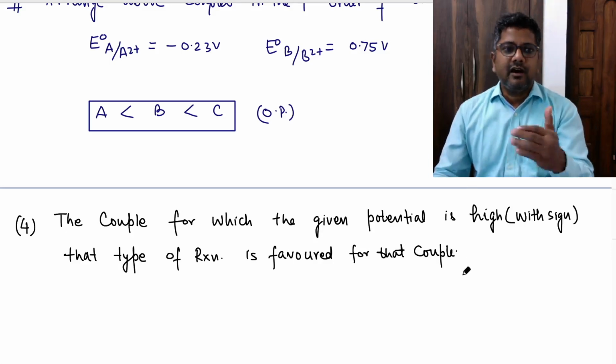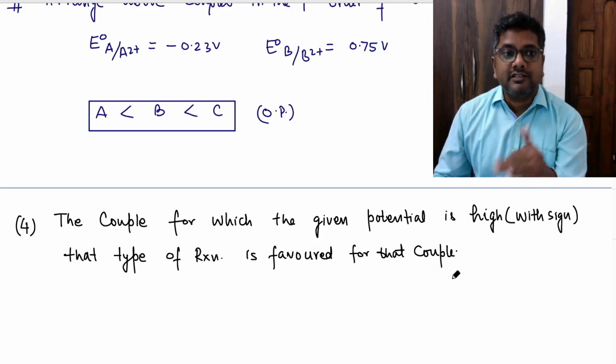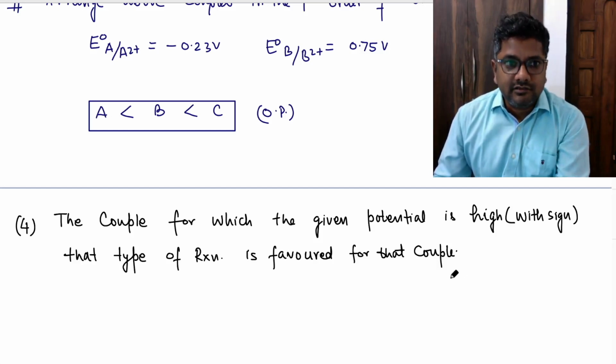This is a very important tagline. See, if oxidation potential is high, then oxidation reaction is favored. If reduction potential is high, then reduction is favored for that couple.